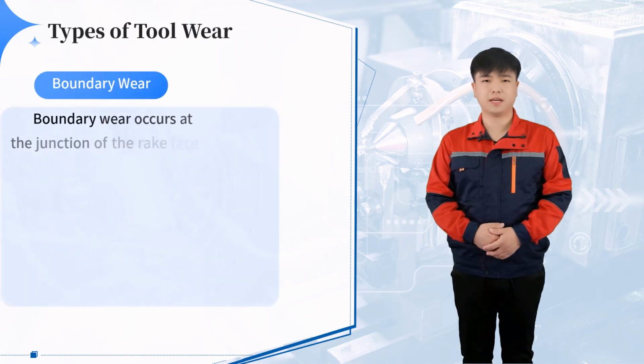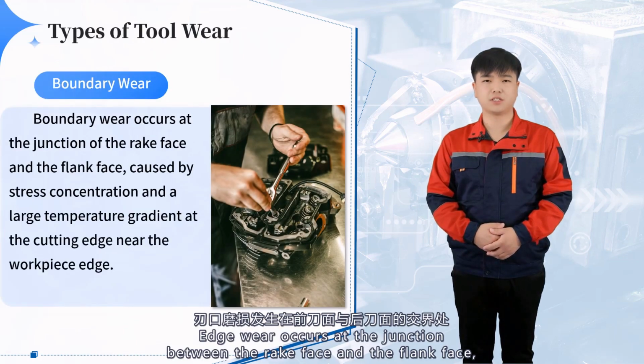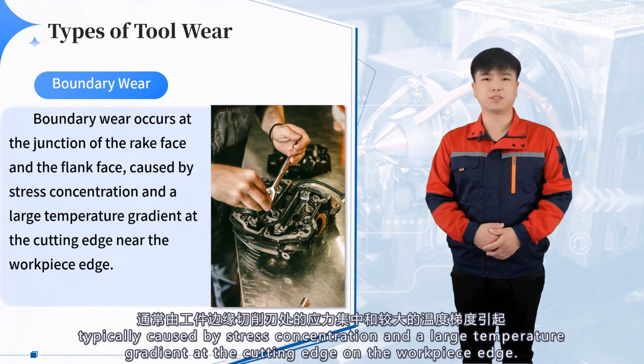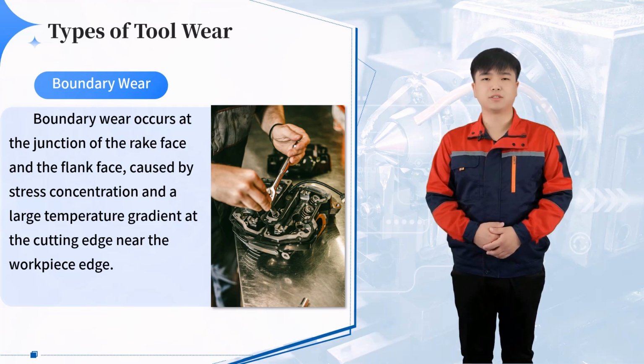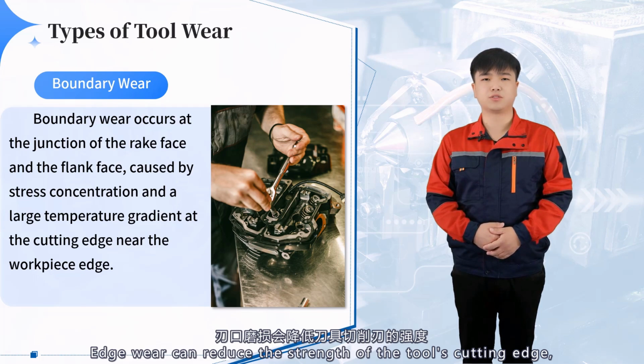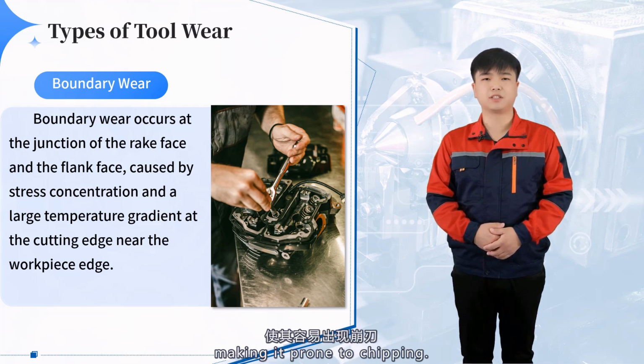Edge wear. Edge wear occurs at the junction between the rake face and the flank face, typically caused by stress concentration and a large temperature gradient at the cutting edge on the workpiece edge. Edge wear can reduce the strength of the tool's cutting edge, making it prone to chipping.